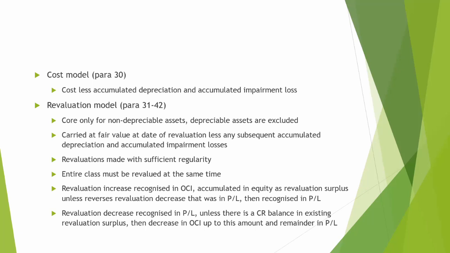That is something that is a professional decision. So for instance, there might be a piece of land, and that land, because of its location, the value of it does not vary significantly from year to year.